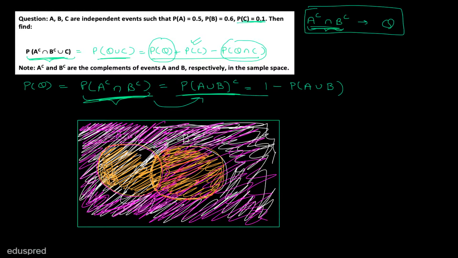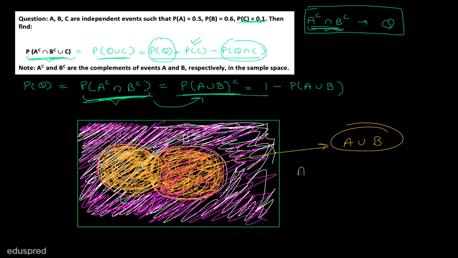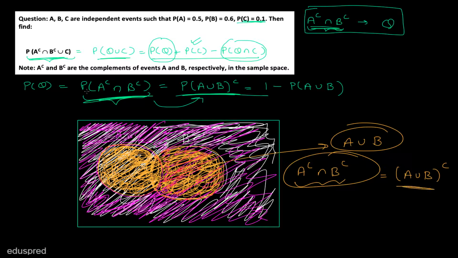So this orange shaded region that I have over here is the only region from the sample space which is not included in the intersection of the pink region and the white region. And this orange thing that I have over here is actually A union B. So A complement intersection B complement includes everything but A union B. That means this is just A union B complement, and this is why I have written this.